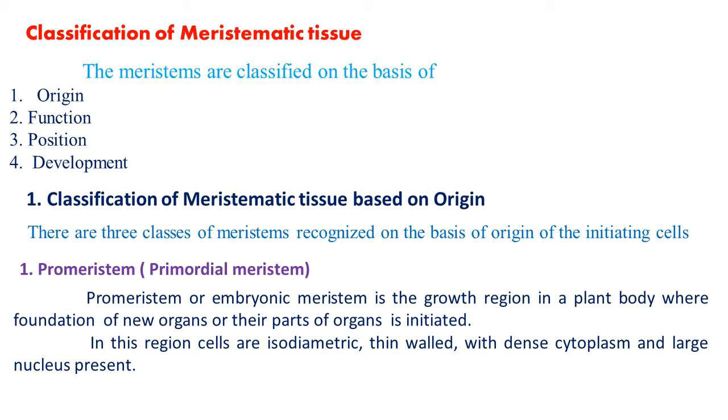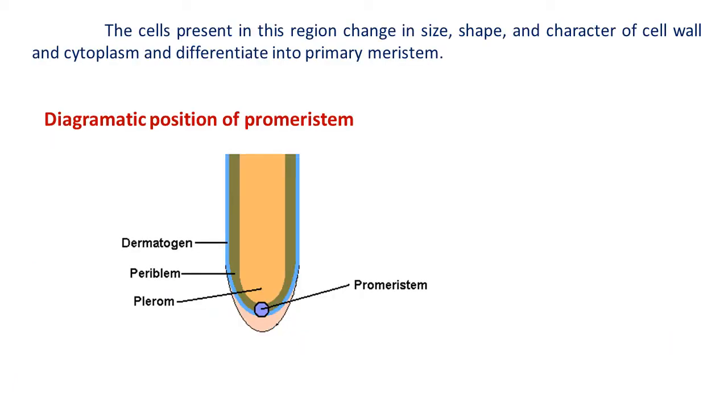In this region, cells are isodiametric, thin-walled with dense cytoplasm and a large nucleus. The cells change in size, shape and character of the cell wall and cytoplasm and differentiate into primary meristem. This is the diagrammatic representation of promeristem.